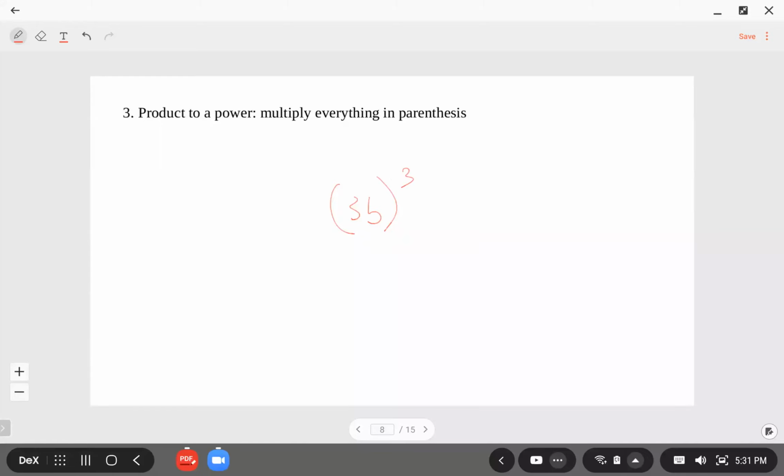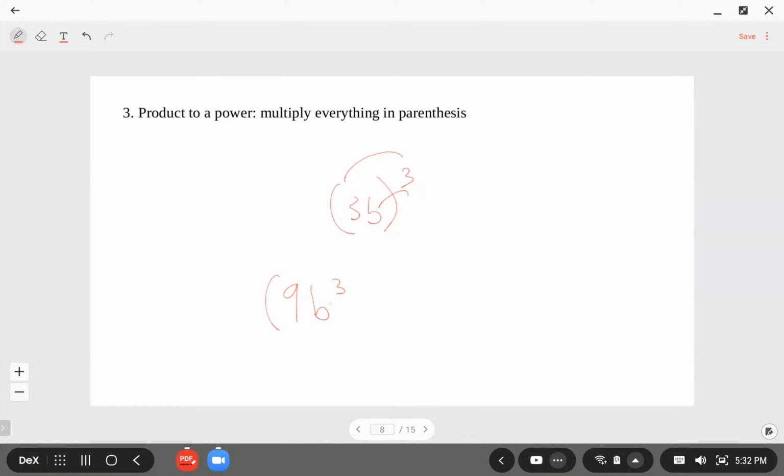By multiply everything in the parentheses, I mean you have to multiply each term. So 3 cubed and b cubed. 3 cubed is 9, b cubed is just b cubed. So our answer will be 9b cubed.